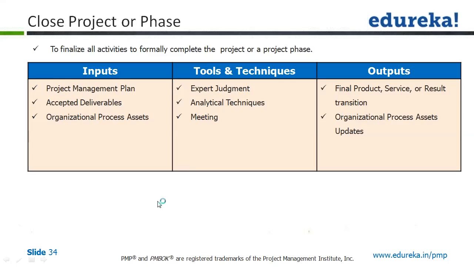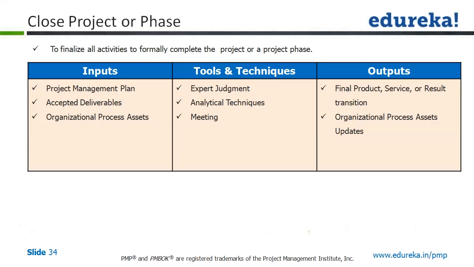With this, we are through the fifth process of the project integration management. Now comes the sixth process of the project integration management, which is close project or close phase. Remember, this is a process of the fifth process group, which is the closing stage.